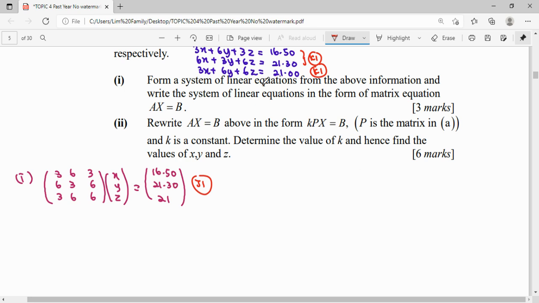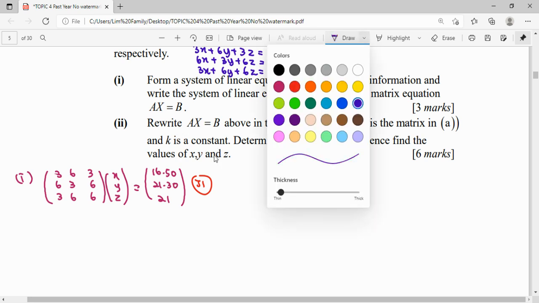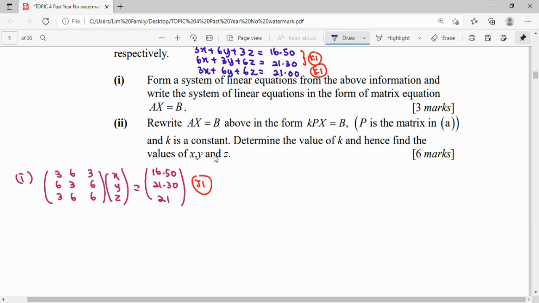And then for part 2, they ask us to rewrite our AX equals B in the form of kPX equals B, where P is the matrix in part A, and k is a constant. Find the value of k and solve the matrix equation to find x, y, z. From here, we factorize a value, and we can see very clearly that we can factorize 3.